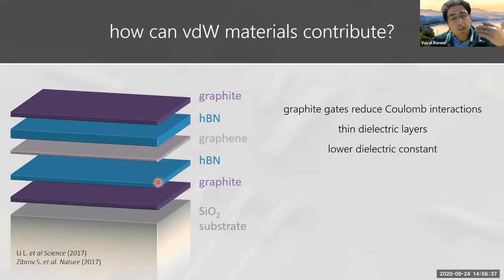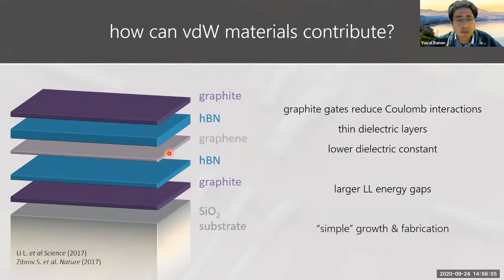And I'll talk about it later, but it will increase the capacitance, and hopefully we can see an Aharonov-Bohm effect easily. Another thing is that there are very large energy gaps in graphene compared to other materials, and this is something which can help us to do this kind of physics. And also the growth and fabrication is considerably easy compared to the semiconductor approach.